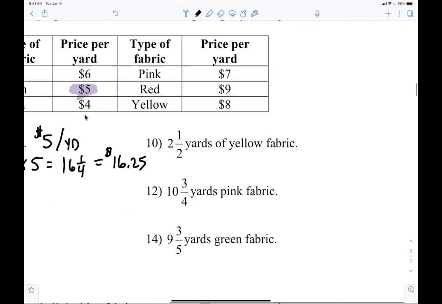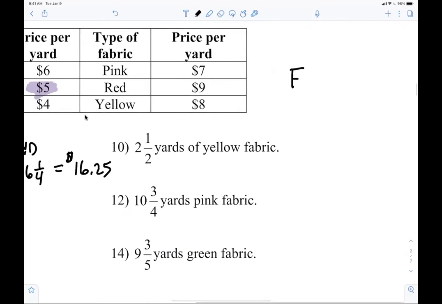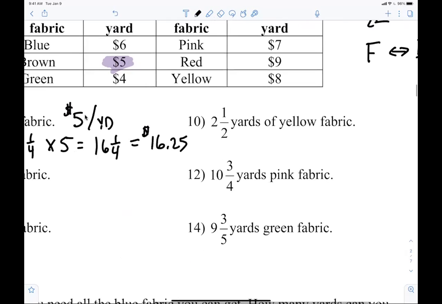Okay, remember the fraction to decimal was this, F to D. That was that button on your calculator. Generally, it was the second, and then it's at the bottom, but it's different places on different calculators. Now, some of the calculators that I gave you, if you borrow, don't do it. So if you want to do it, you would just do 1 divided by 4, and it would tell you as a decimal. Okay?